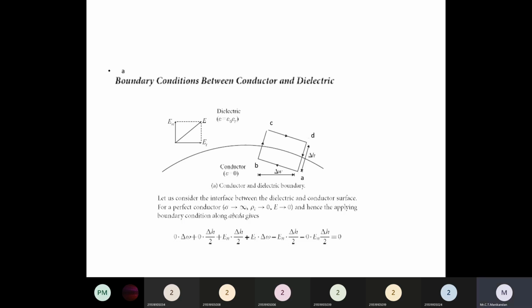These concepts form the basic concept of a capacitor, where two conductors are separated by a dielectric medium. Next we are going to see about capacitors, and for that this will be more helpful.